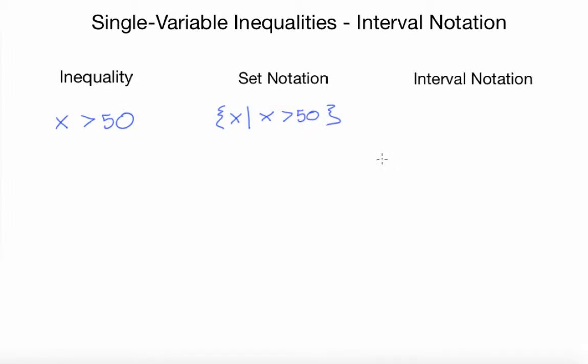Interval notation tells you the same information, just a different way of writing it out. It's a little more specific to inequalities. In interval notation, I want to find my boundary. 50 is my marker, and I want everything greater than 50.